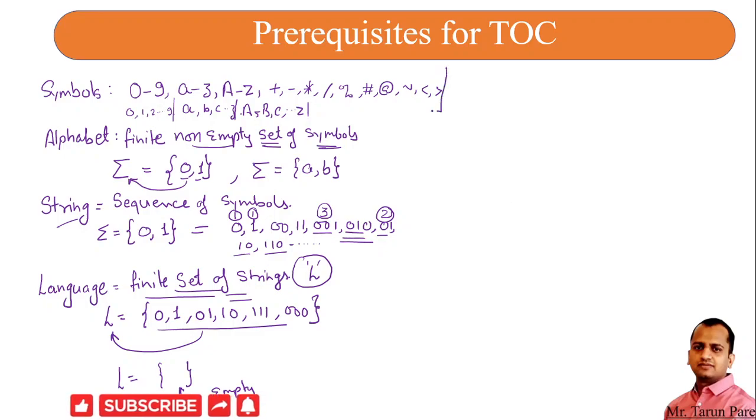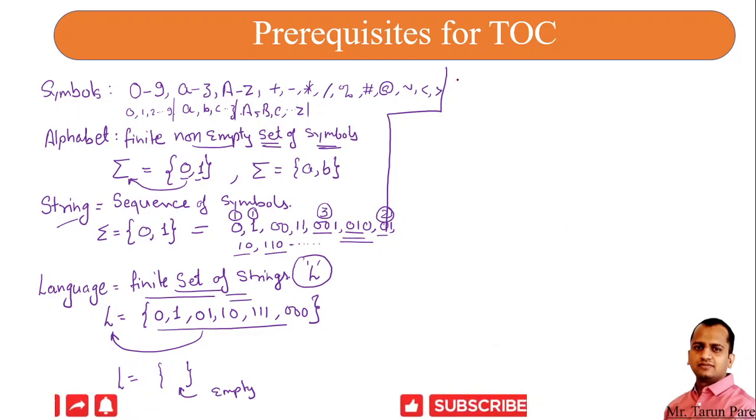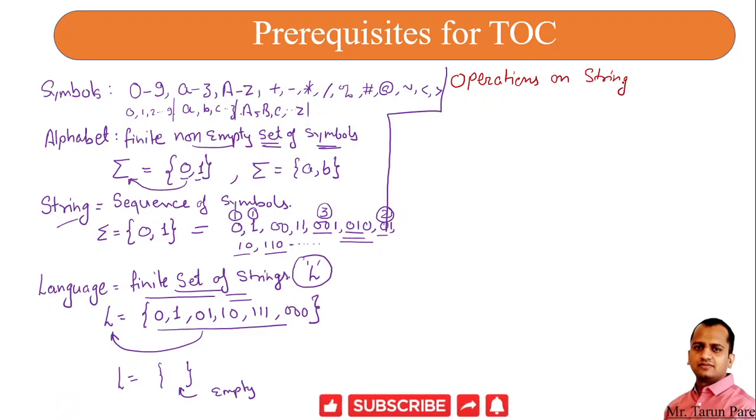So the operations on strings: the first operation we can perform on a string is concatenation.